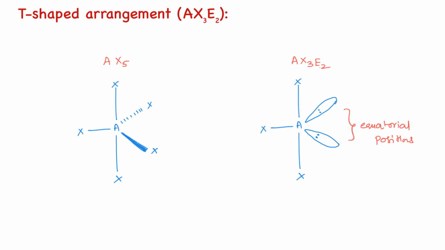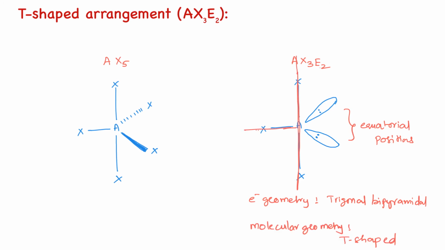The electron geometry is still trigonal bipyramidal. However, two of the corners of the trigonal bipyramidal shape do not have an atom. Instead, we have non-bonding electron pairs. Therefore, the remaining shape looks like a T-shaped molecule.